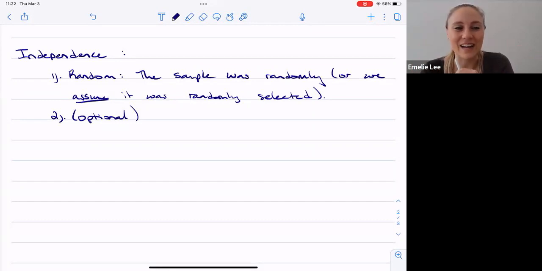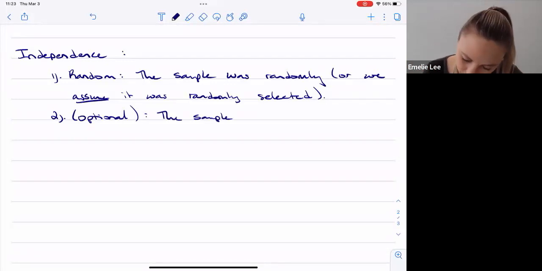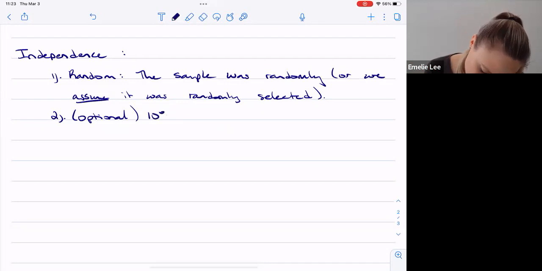And so we collect less than 10% of the population to try to preserve independent observations. So the sample size, and maybe what I'll say is I'll call it the 10% condition.